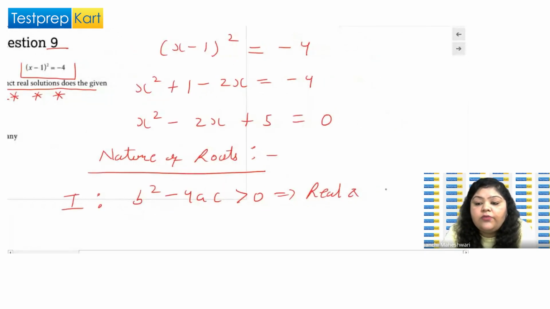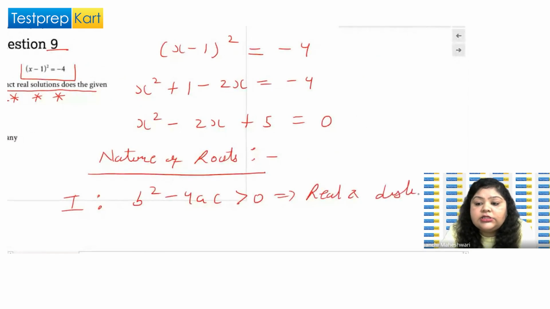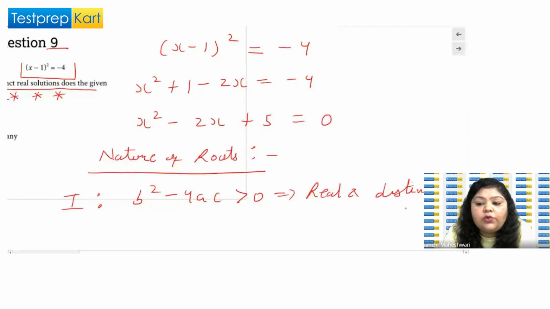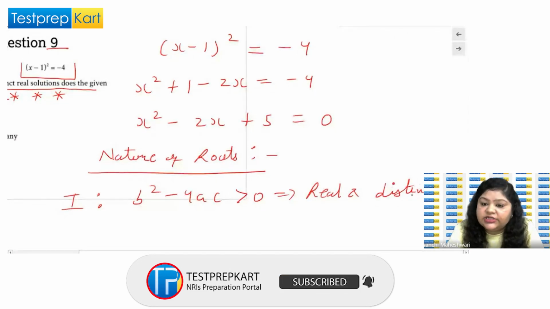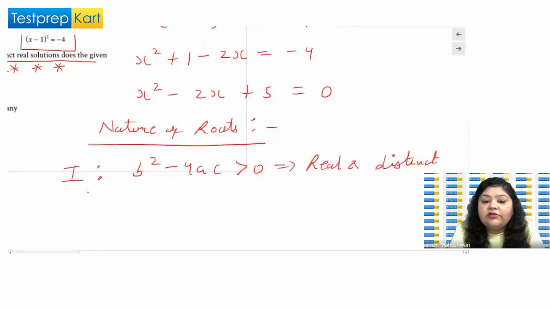Obviously in all of the cases we're going to have only two roots, because it's a quadratic one, so you cannot have less than two roots or more than two roots. Is it clear? So if b square minus 4ac is greater than 0, your roots will be real and distinct.